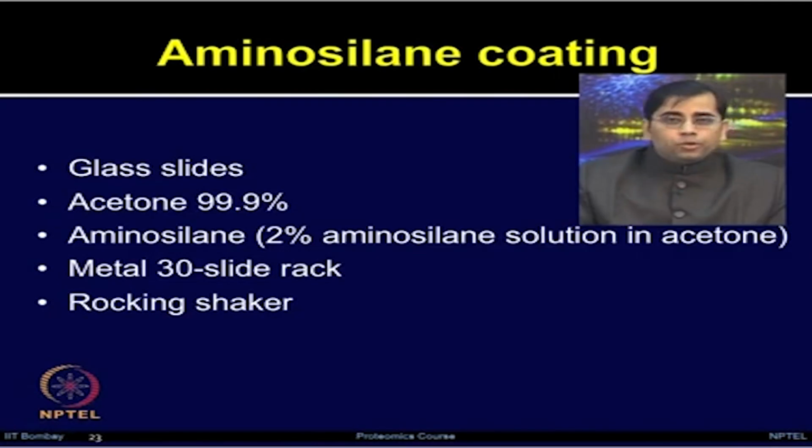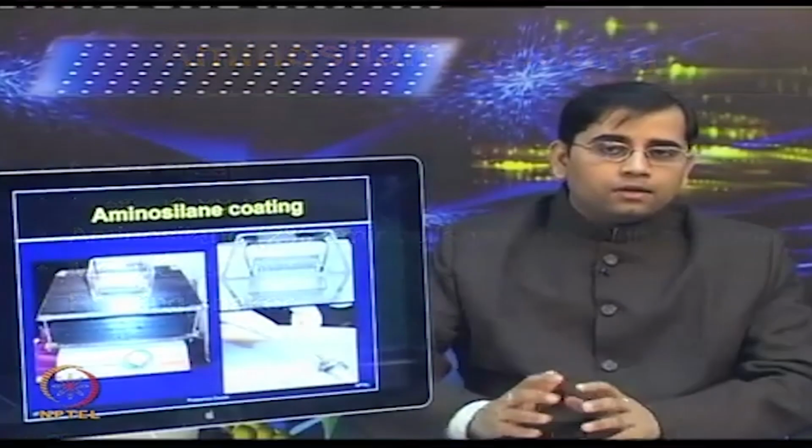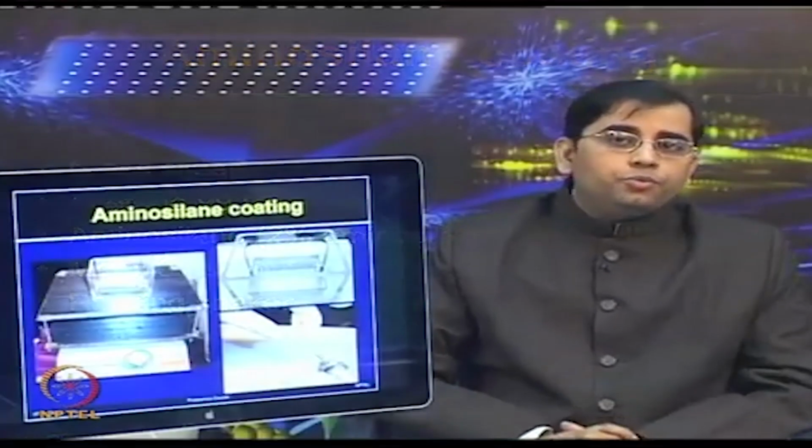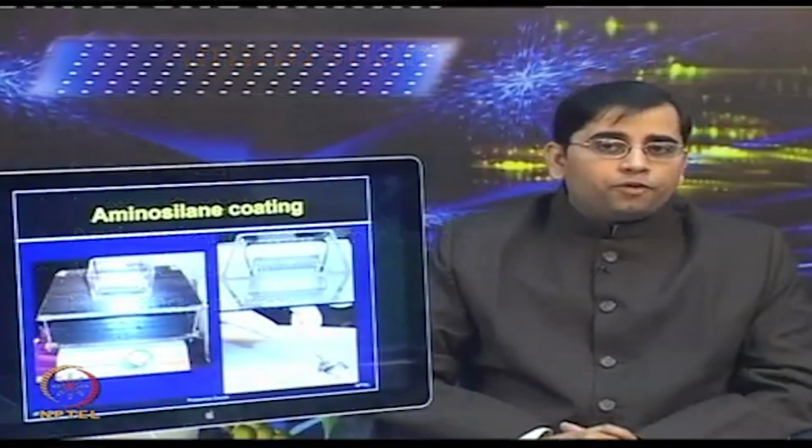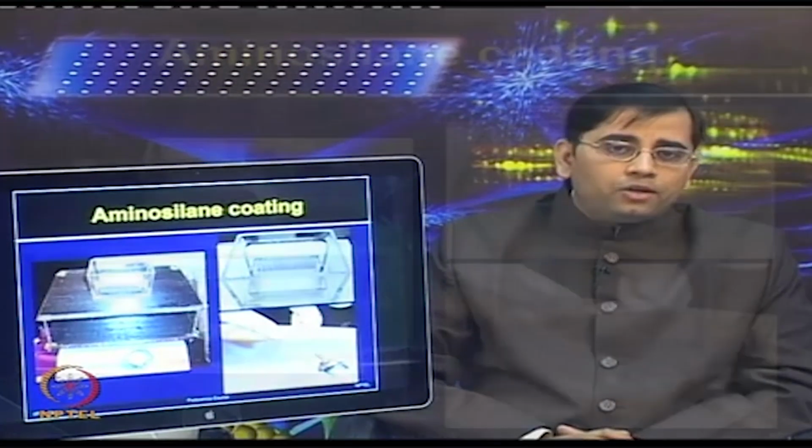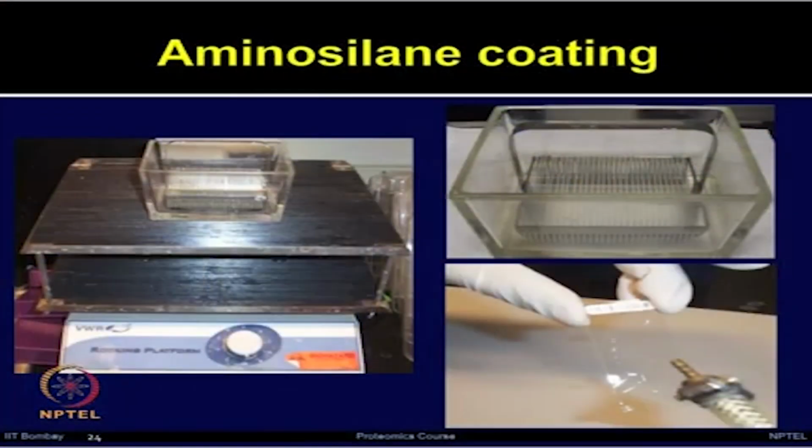For performing aminosilane coating in the lab, one needs to have the glass slides, acetone, aminosilane. Usually 2% aminosilane solution in acetone works best. Then you need metal slide racks and you need a rocking shaker. In this slide, I have shown you various steps involved in performing aminosilane coating. On the left side, a rocking shaker is there, in which a glass tray contains a metal rack containing 30 slides.